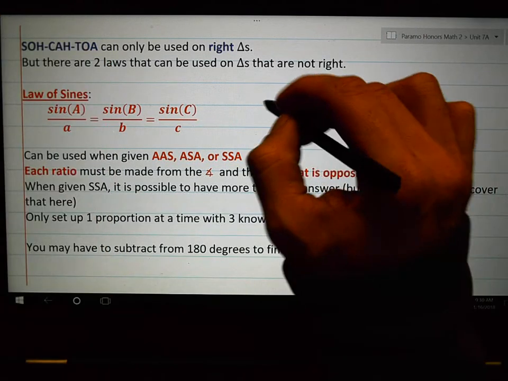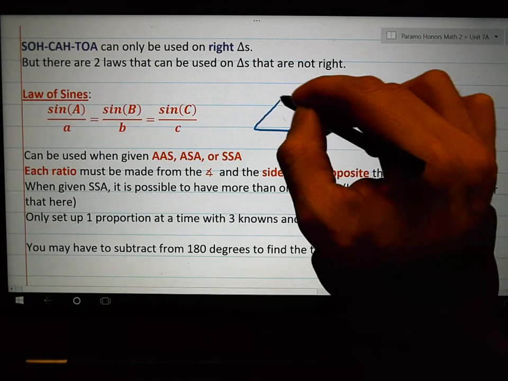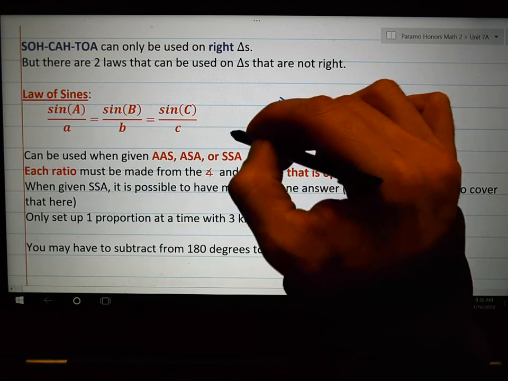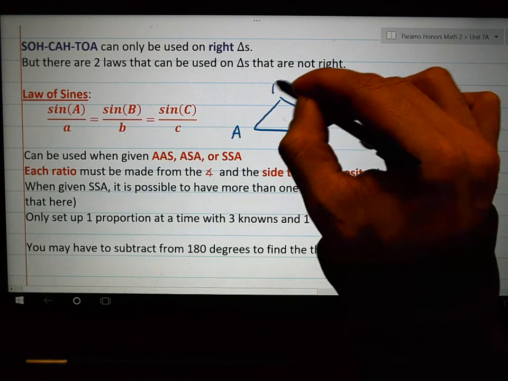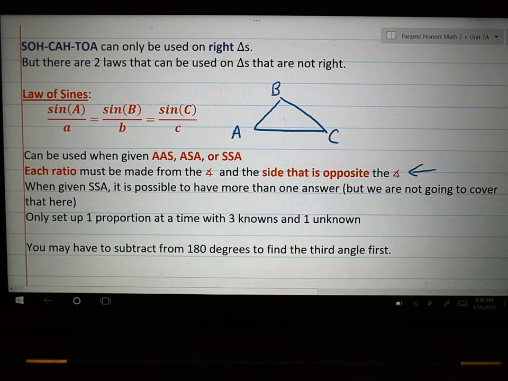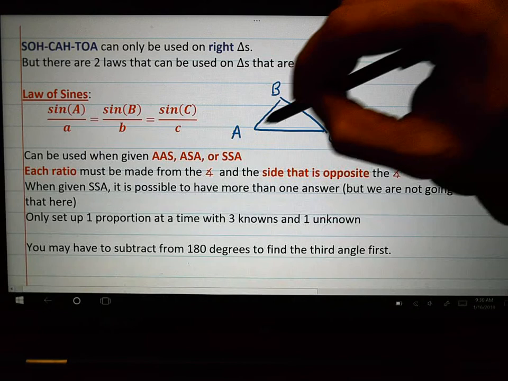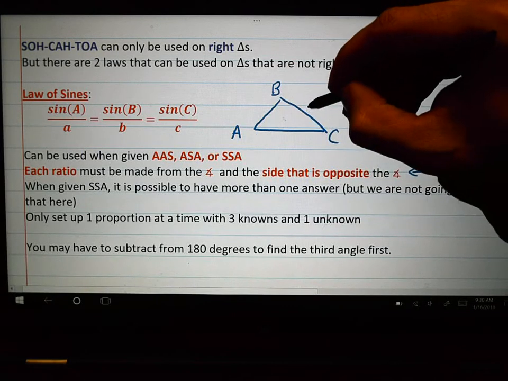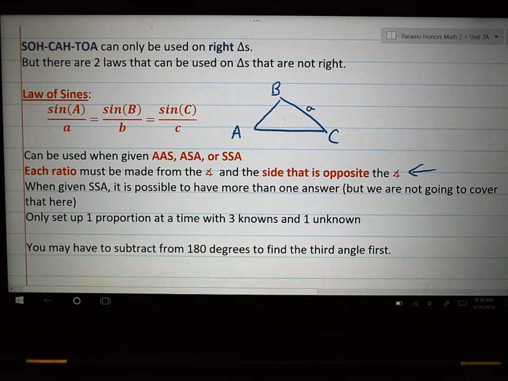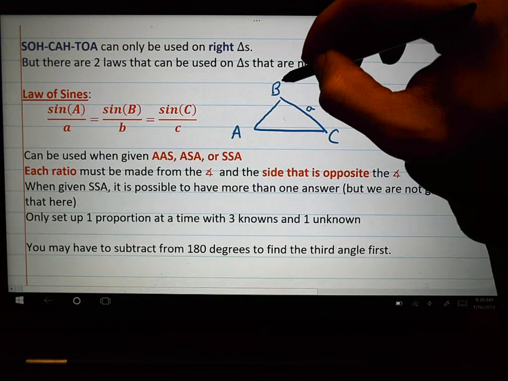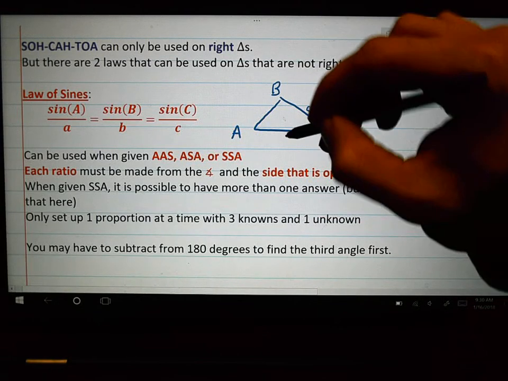Let me show you a little picture. If this is A and this is big B and this is big C, they're all A, big B, big C, then little a will be what's across from angle A. This is little a. It has to be that way. Big B, what's across from big B is little b.